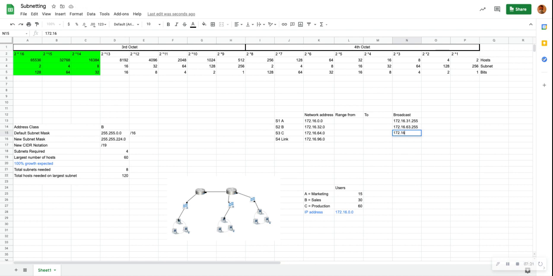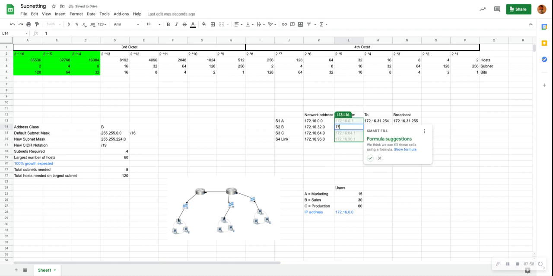It's always the last address on the network. And then we should have 172.16.127.255. If I put the range in there, we've got 172.16.0.1. The last usable address is one off the broadcast address, so it'll be 172.16.31.254.